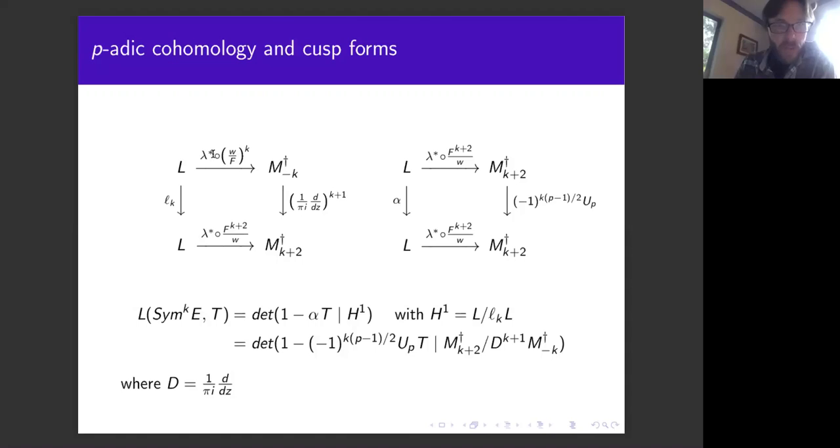If you do the pullback of this, where W is the Wronskian and F is the hypergeometric function, and you multiply these functions times this and do this pullback, you get this p-adic space of modular forms here, and the weight is negative k. And same thing here. If you do this map here, it goes into weight k plus 2. That's an Eichler derivative, exactly.